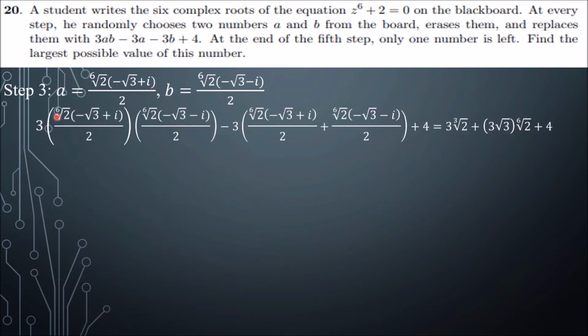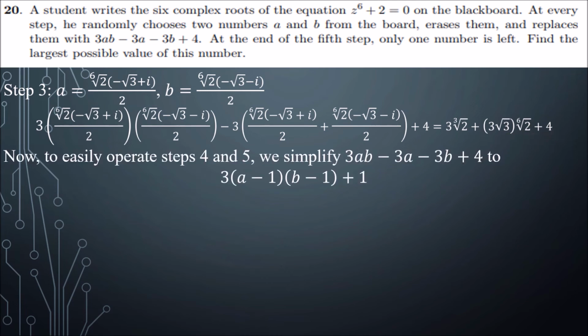Next, for step 3, we take the last 2 complex roots, and then we substitute 3ab minus 3 times a plus b plus 4. Simplifying that, we have 3 cube root of 2 plus 3 square root of 3 times 6th root of 2 plus 4. Now, to easily operate steps 4 and 5, we simplify 3ab minus 3a minus 3b plus 4 to 3 times a minus 1 times b minus 1 plus 1.